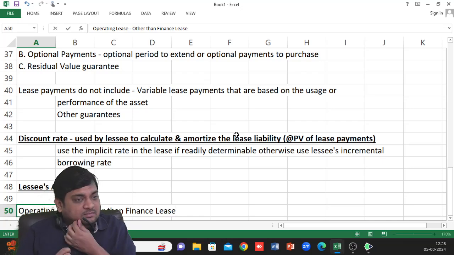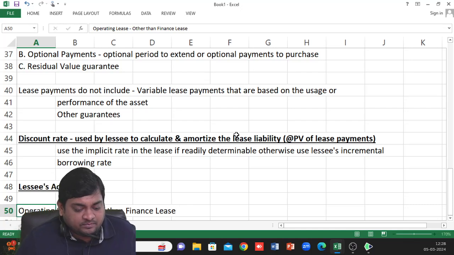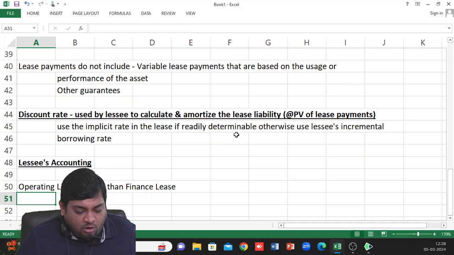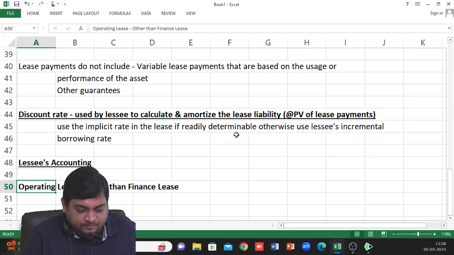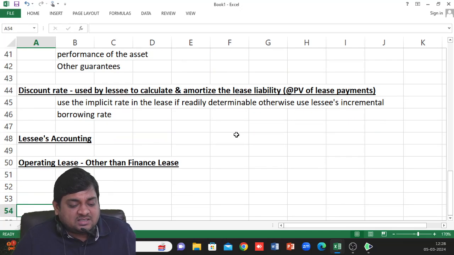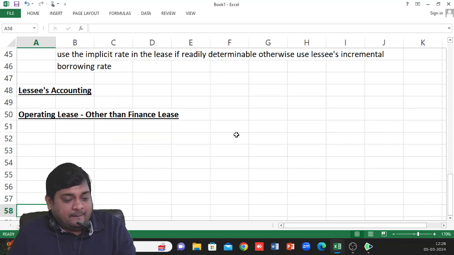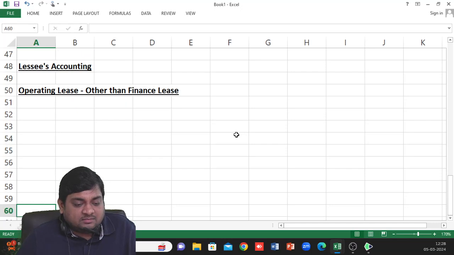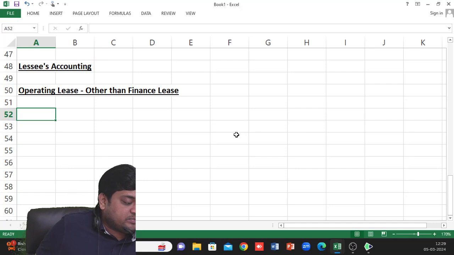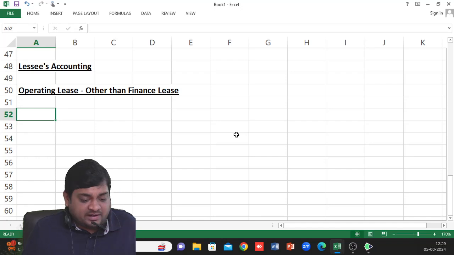There are 5 criteria, and any of those criteria is not fulfilled. So now we will talk about operating. Whether it be operating lease or finance lease, anyway we are going to show the present value of lease payments as a liability.